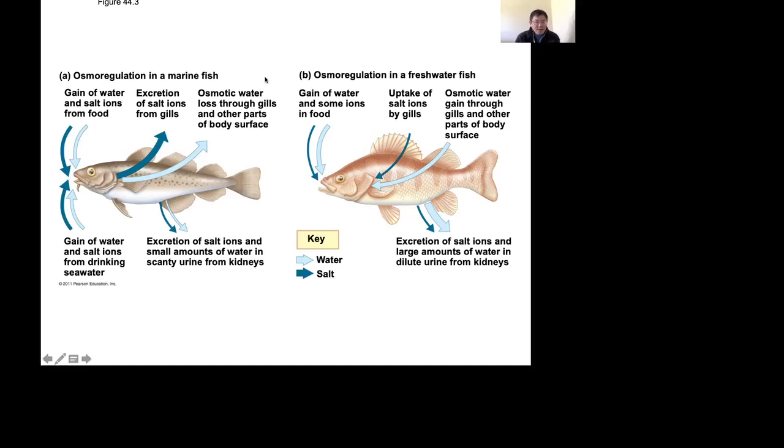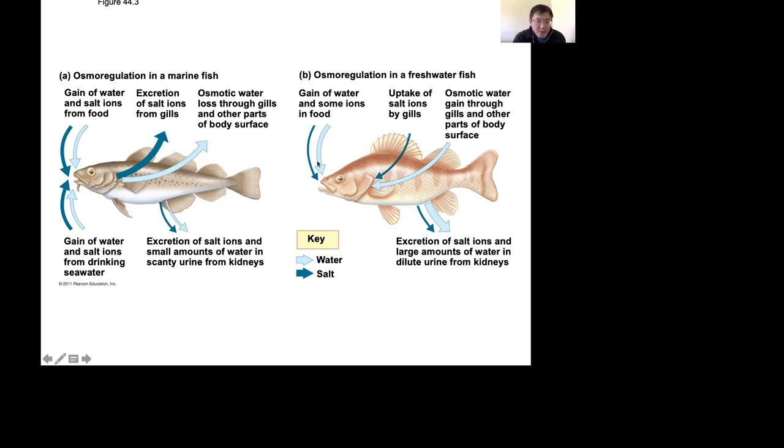It's the same thing for the fish who live in the ocean or in the river. In the ocean, there is too much salt. That means marine fish take in too much salt, so they have to maintain the water balance in their body.